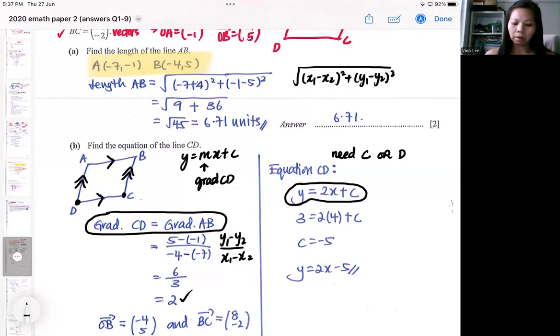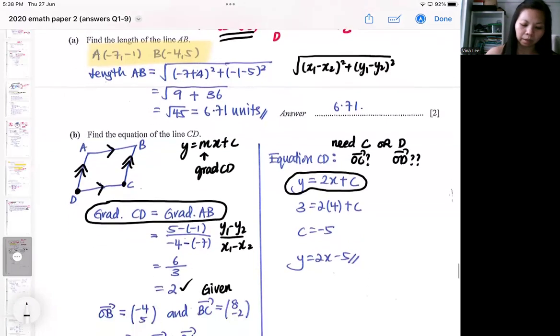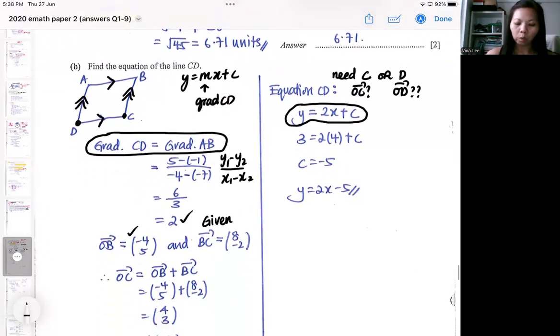So in this case, we are going to use our position vector. That means I will either find OC or I find OD. So this is the use of your vectors. We got a vector that's given. We also got a converted position vector. So from the coordinate, I got the position vectors, so I can find my OC.